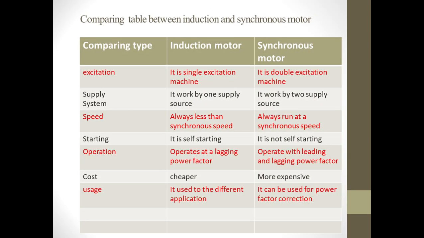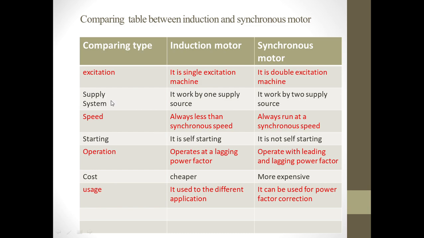Now we are going to see the comparison between these two motors. This is the induction motor and this is the synchronous motor. In excitation, the induction motor is a single excitation machine, and the synchronous motor is a double excitation machine.